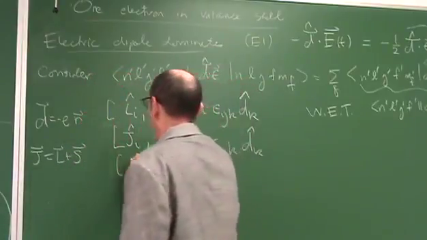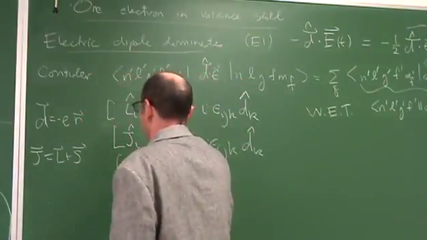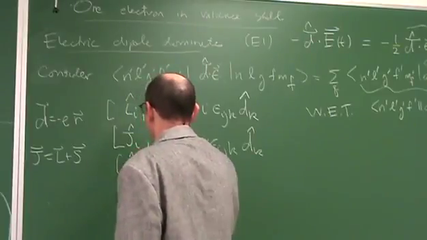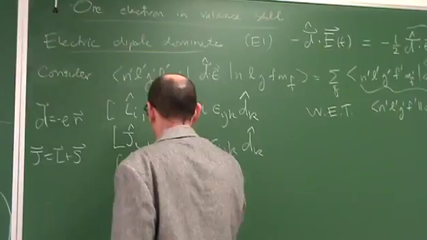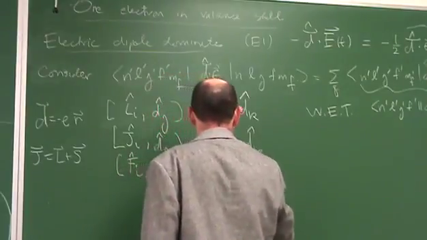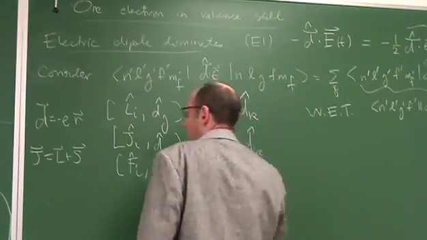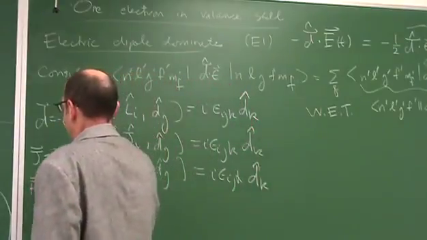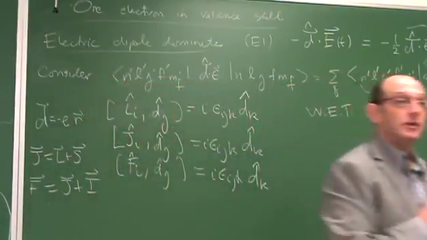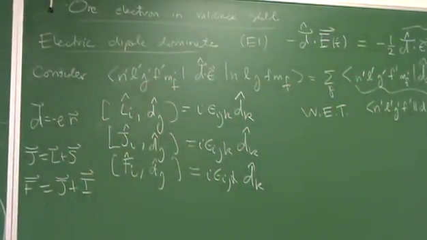And it's also a vector with respect to F. Where F is J plus nuclear spin. Why?